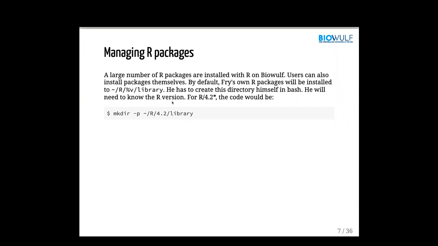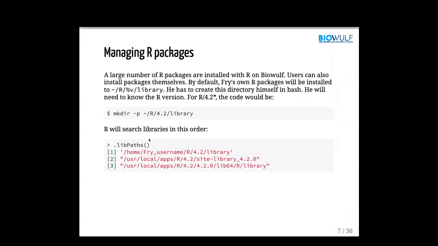And as I said, all the R major versions will share the library. So the code would be mkdir -p, which will create a library, for example, using R 4.2. After Fry creates this library, if you type .libPaths() in R, it will print out the search libraries in order.